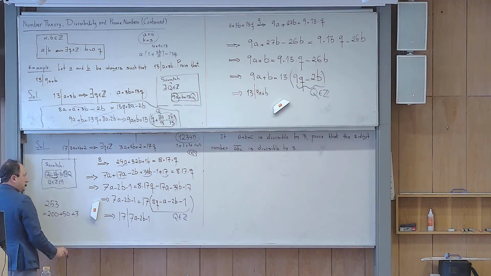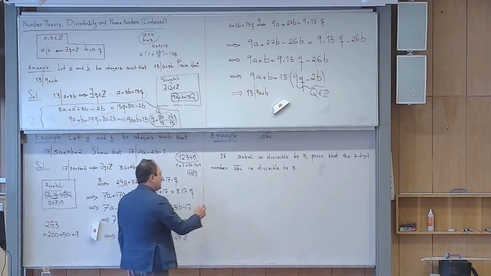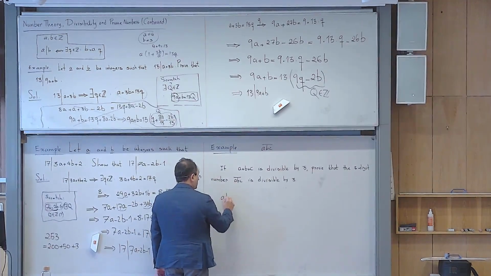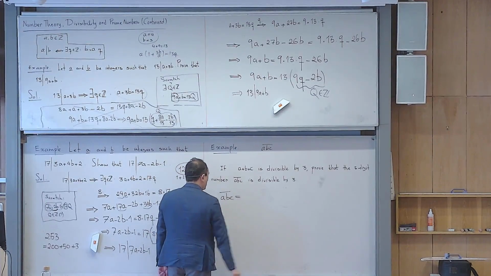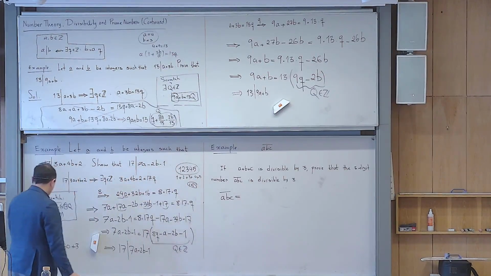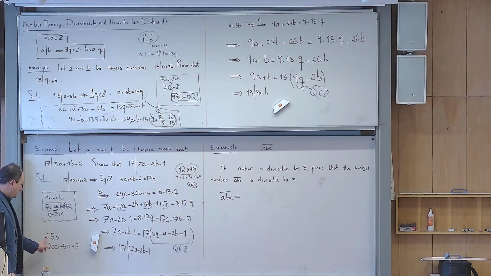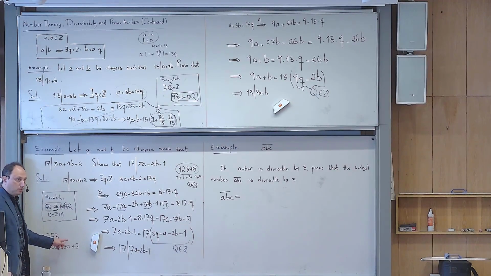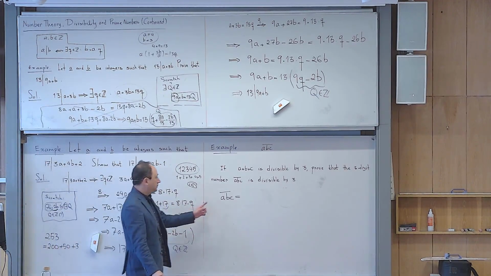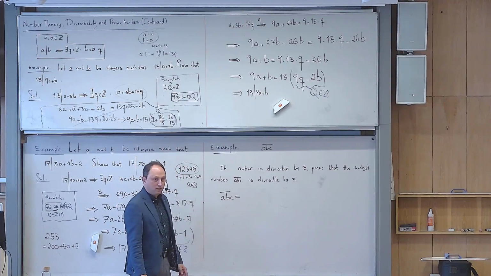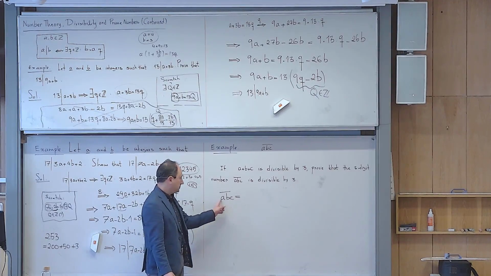So can you say that if I want to follow the same rule, ABC can be written as what? 200 means this digit multiplied by 100. 50 means this digit but multiplied by 10, and then the unit number.